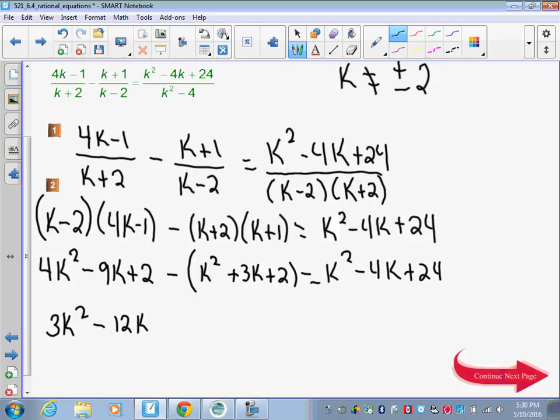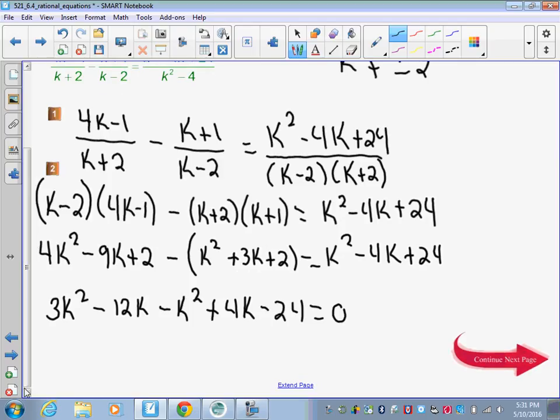And at the same time, I'm going to move all of these pieces over to the left-hand side, since it's quadratic, so that will become a positive 4K, and this will become a negative 24, and it will equal 0. Keep gathering your like terms, so you're left with 2K squared, negative 12K plus 4K, negative 8K, and negative 24 equals 0.